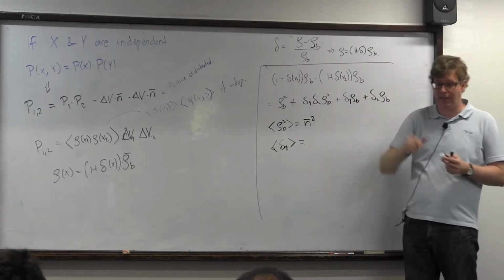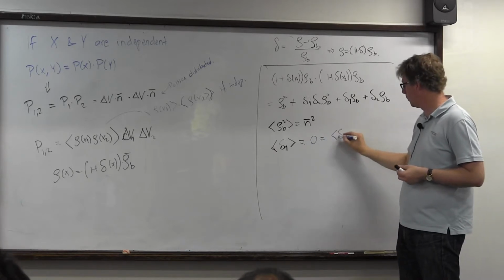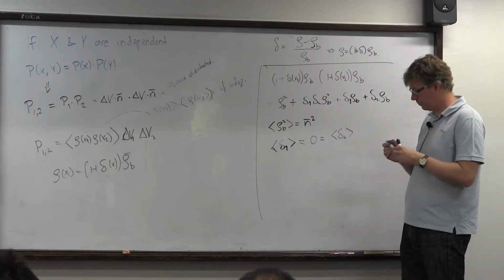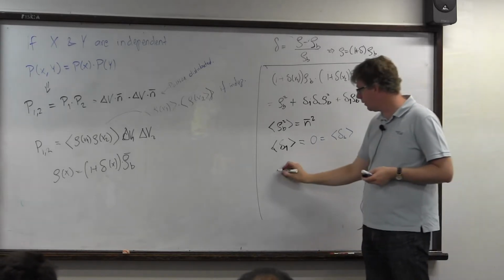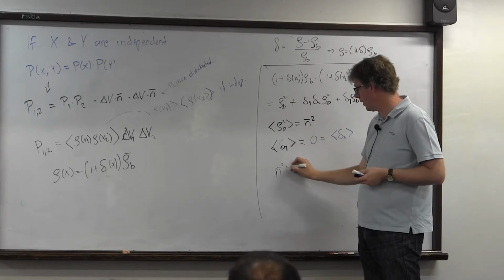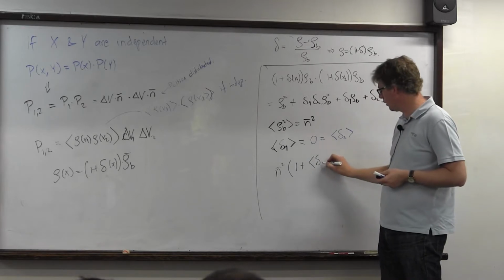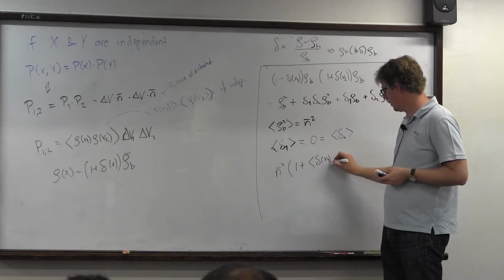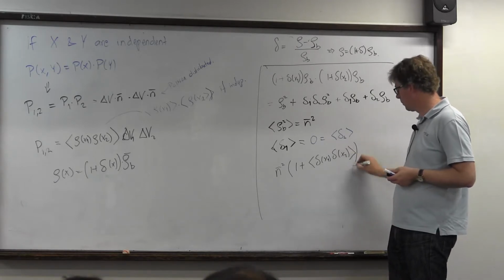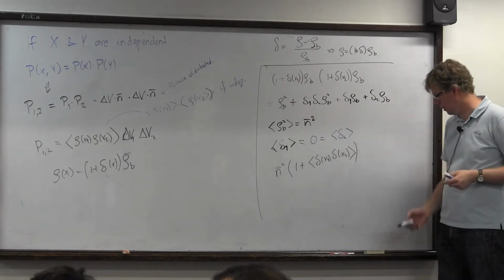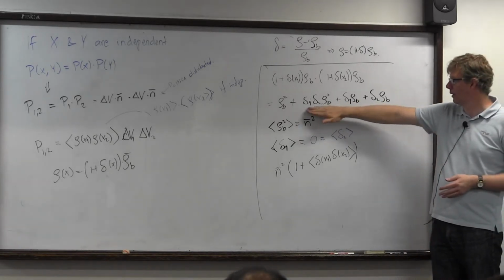Okay, the average of delta is always 0. And so then you're left with, in the end, n squared, 1 plus, and then this one, which I don't know what to do with. Because these two terms disappear, and you're only left with this term.